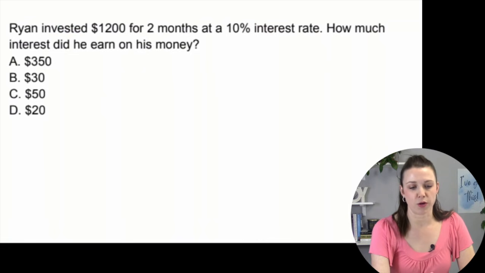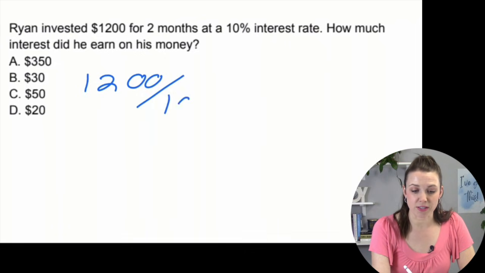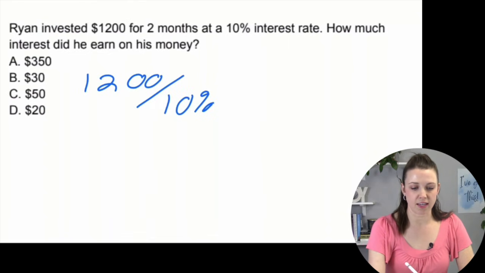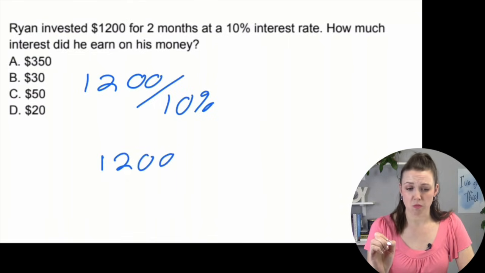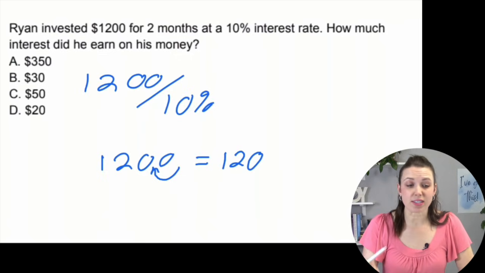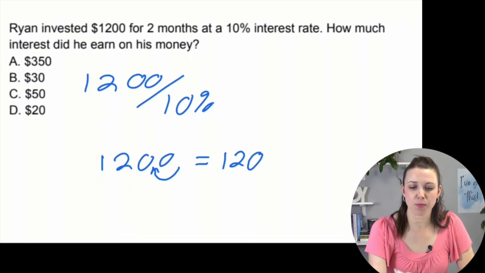So what we're going to do is take $1,200 and divide that by 10%. Okay, so let's just think. If I take 12 and I just move the decimal point over, that's dividing it. So that gives us $120, which is actually not per month, it's per year.